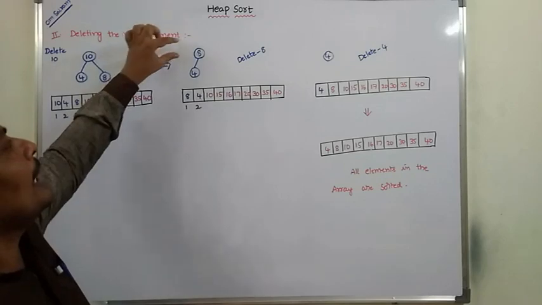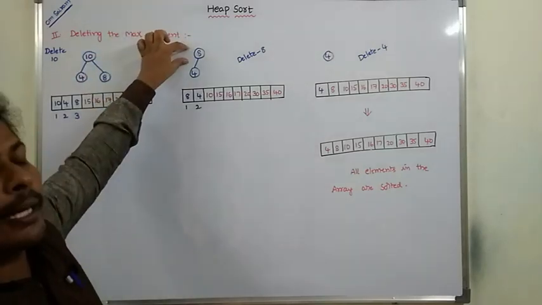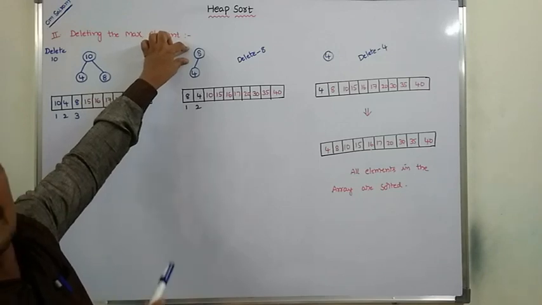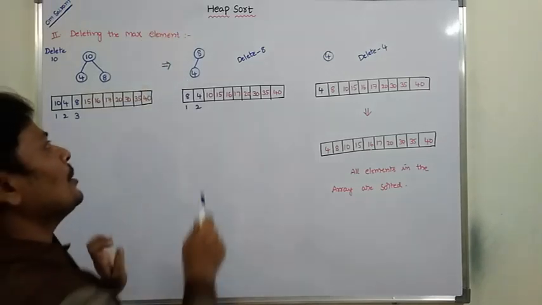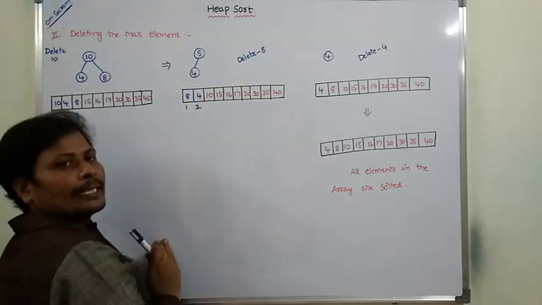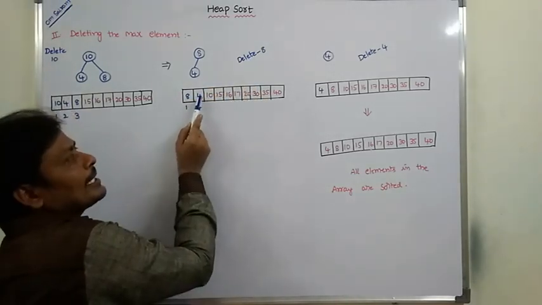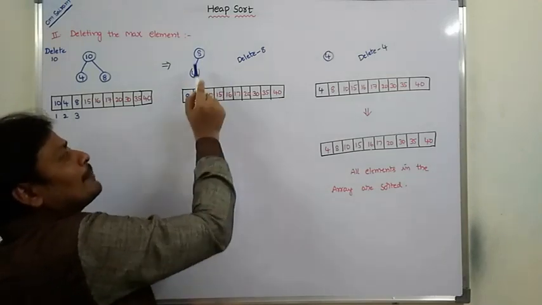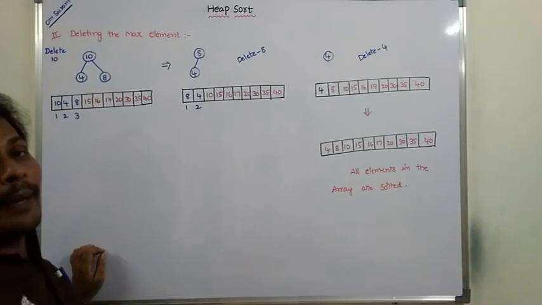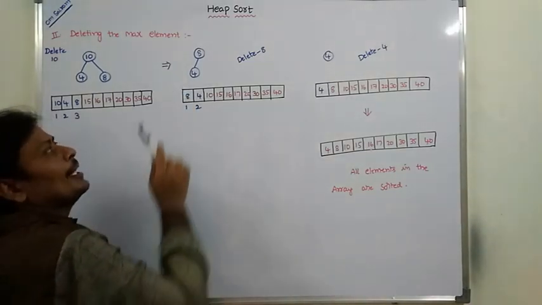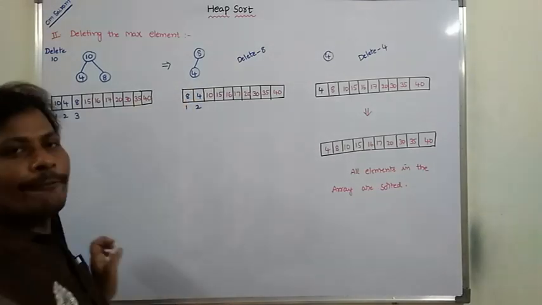Now we have to delete the node 8, because the element to delete is always at the root node, that is the maximum element. So now delete 8. Now 8 can be replaced with the only other element, that is 4. So 8 can be replaced with the last element in the complete binary tree, that is 4.